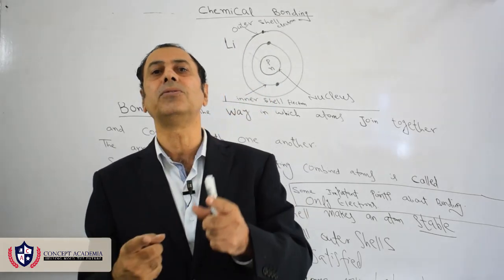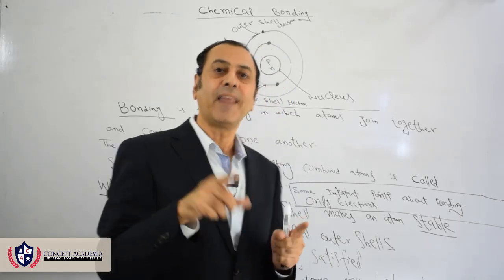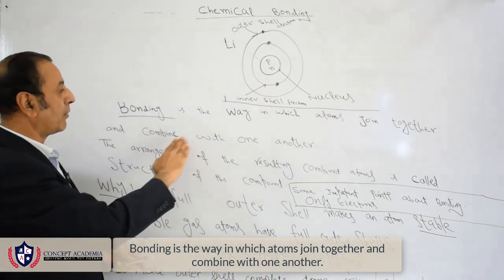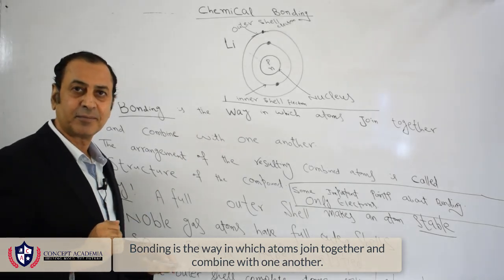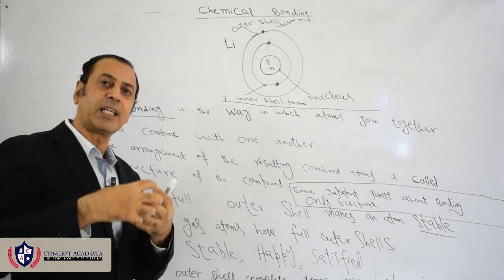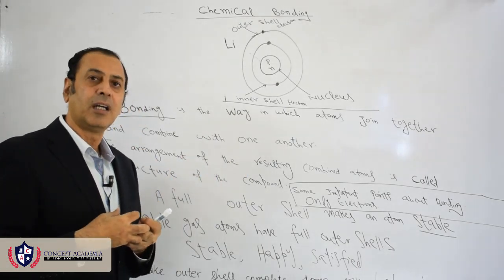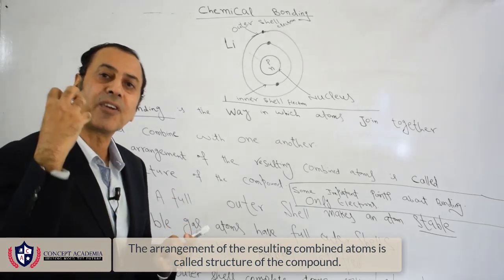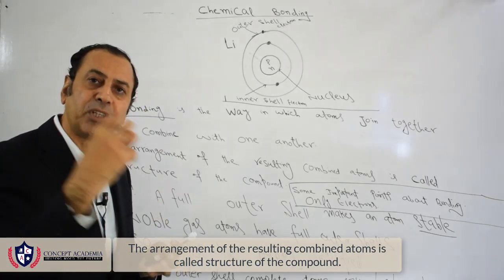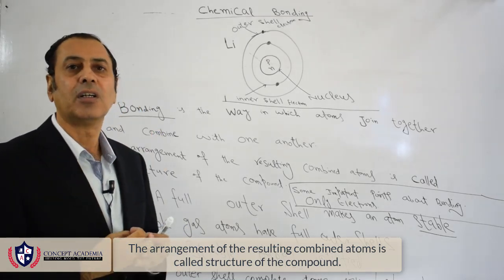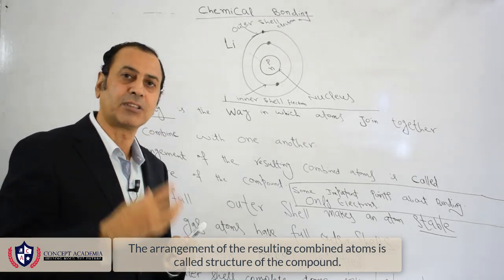Therefore, I would like to repeat my point that bonding is the way in which atoms join together and combine with one another. And when the atoms join and combine with one another, the arrangement of this combination of atoms is the structure of the compound.